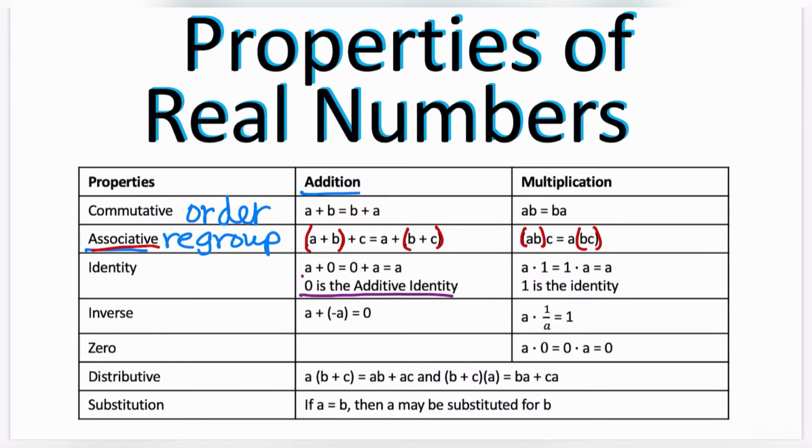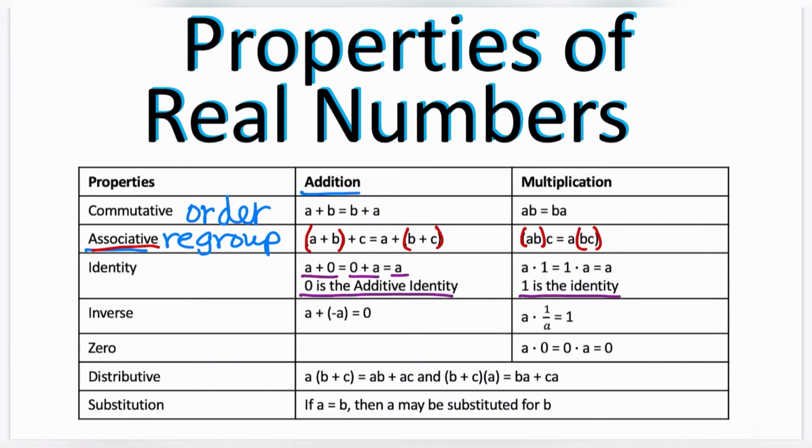So any number plus 0 or 0 plus any number gives me back the same number. The multiplicative identity, what number would you multiply by to get back the same number? So in this case, that is 1. If you multiply any number by 1, you're going to get back the same number. So that is called the multiplicative identity.